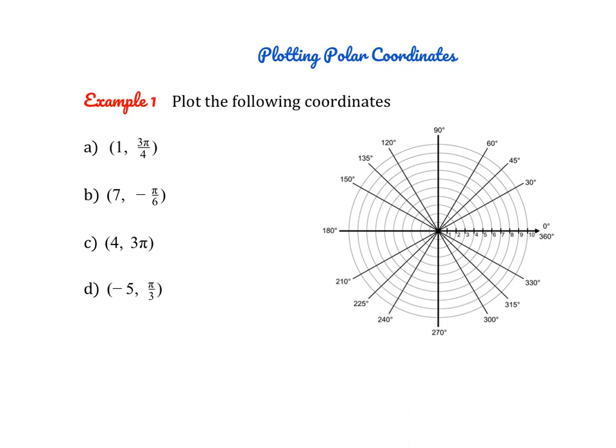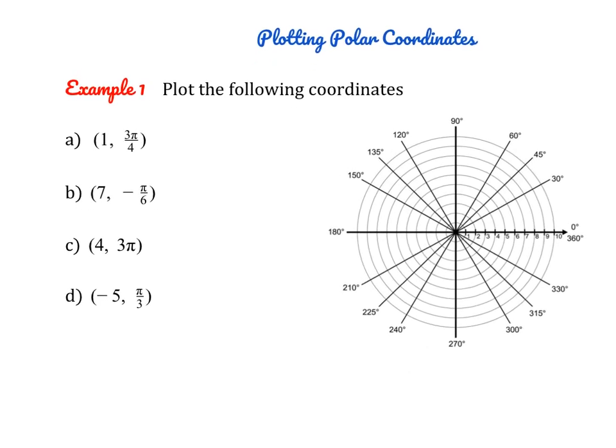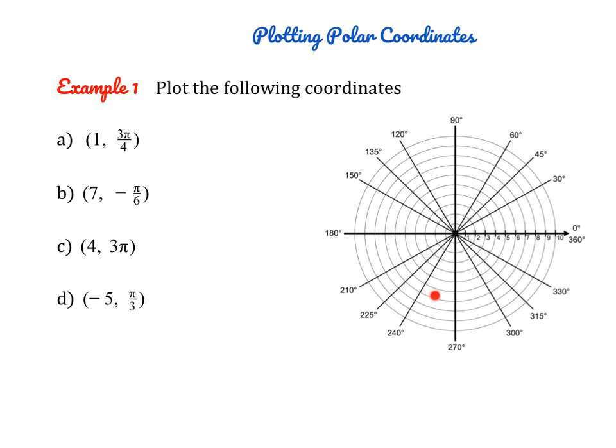Okay, so first we're going to practice plotting some polar coordinates. Here we actually have a new axis. This is a polar axis, so it looks a little bit different than our Cartesian axis. Notice that instead of having horizontal and vertical grids, we have a grid made by successive circles.